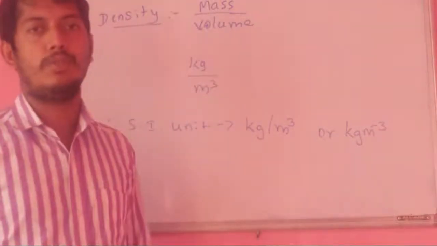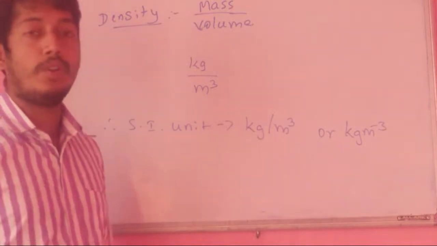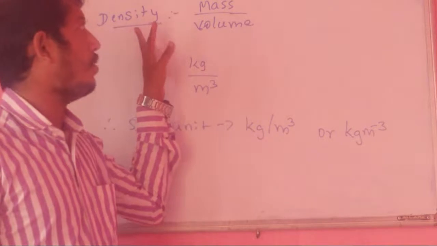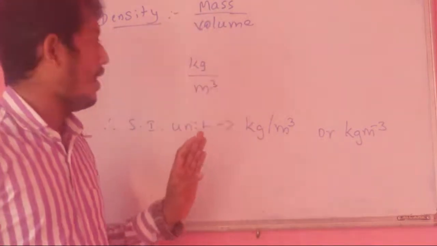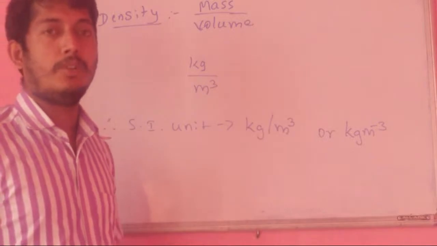This is the SI unit of density. And this is the expression for density: density equals mass divided by volume. The SI unit of density is kg per meter cube. So this is about density.